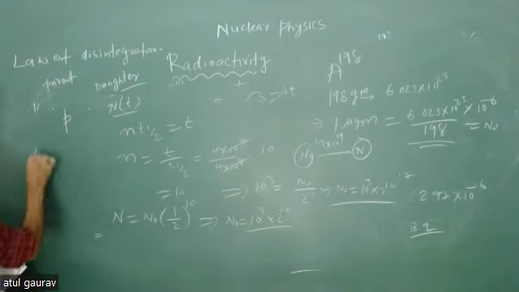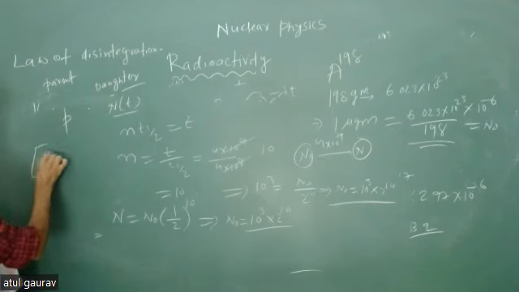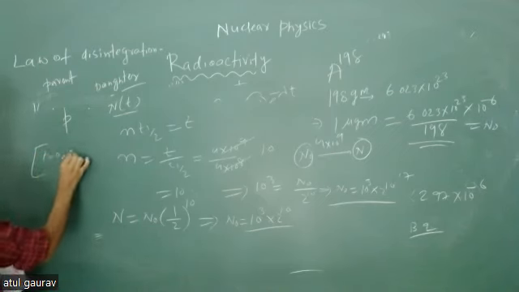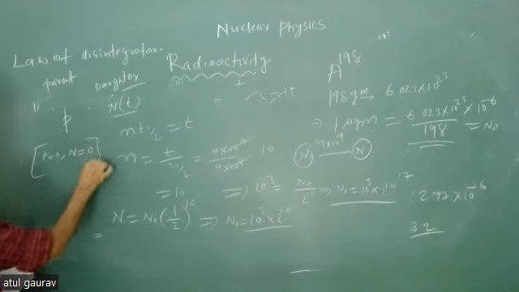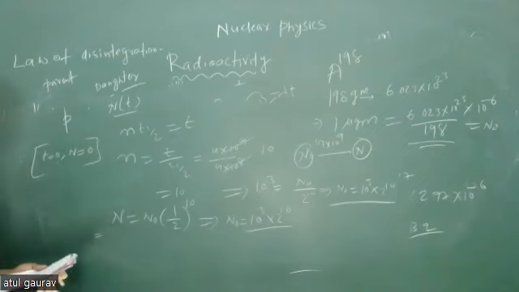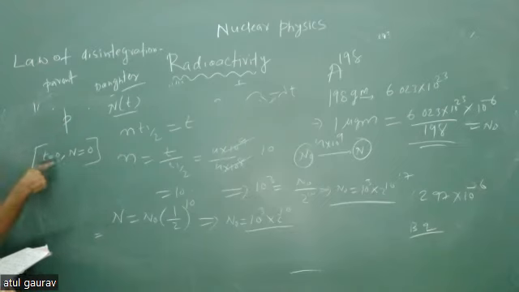Inside bracket, please mention, given that when t equals 0, n equals 0. A particular type of nucleus with decay constant lambda is produced at a steady rate of P nuclei per second. Find the number of nuclei N(t) present T seconds after the production, given that when time equals 0, number of nuclei is 0. Can you please solve it?